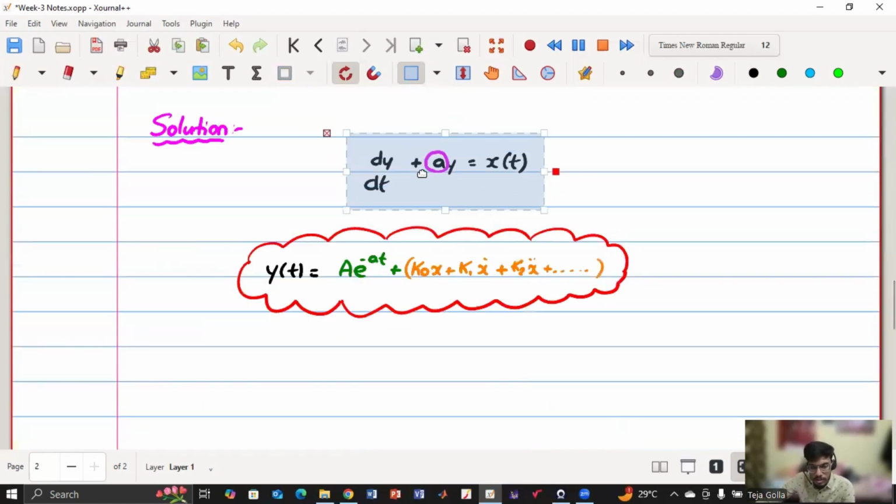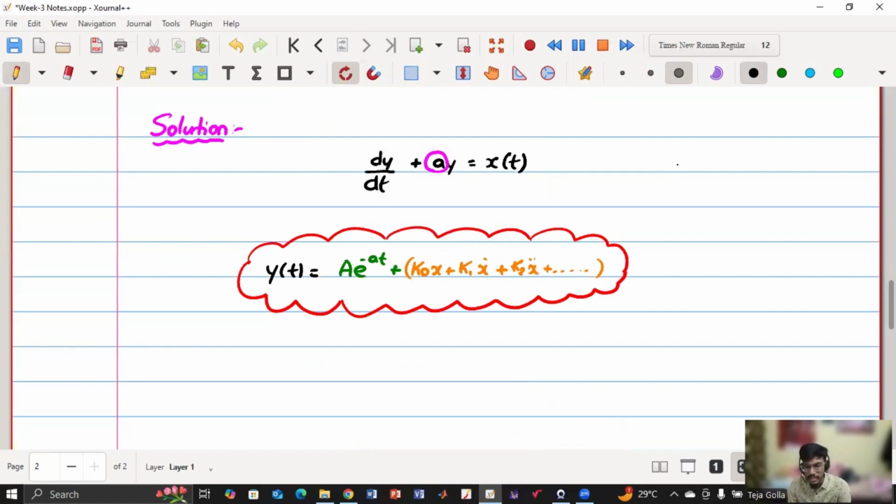Then this is the solution. We can directly write it. First we'll write the solution and then we'll start calculating the A, K naught, K1, K2, etc. So first we have to write the generalized solution for any given problem. First we'll write the solution, then we'll start solving for the coefficients.